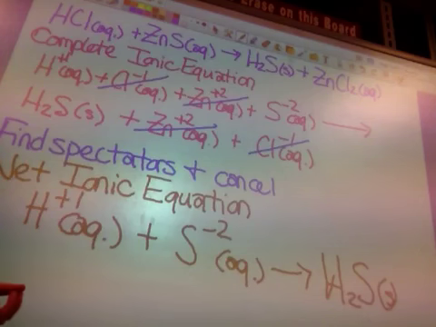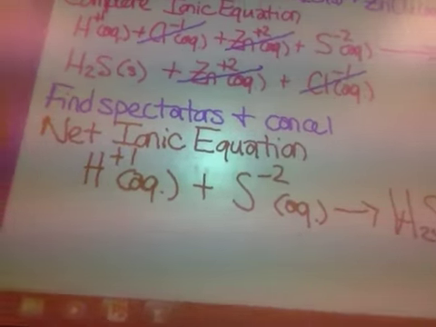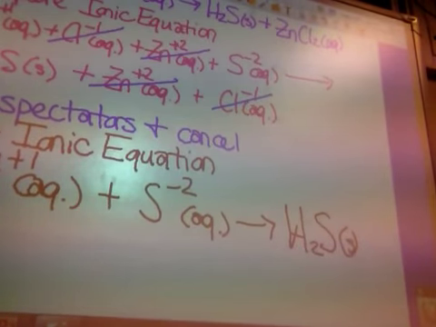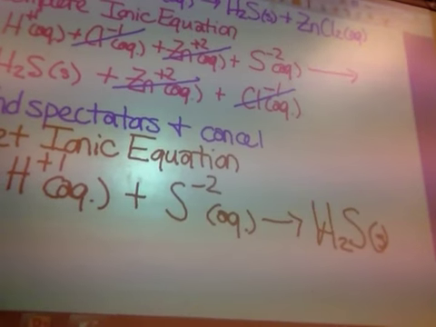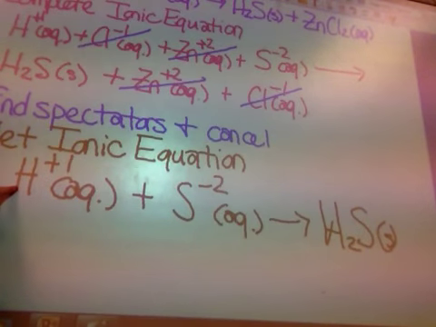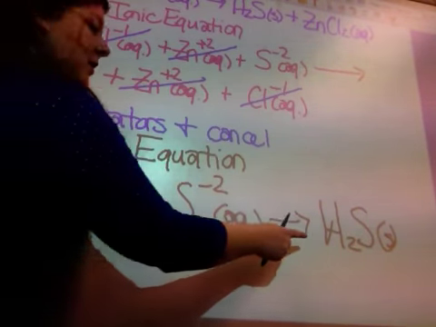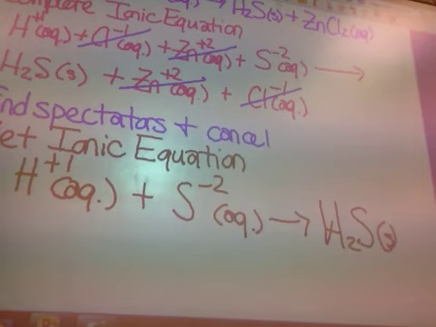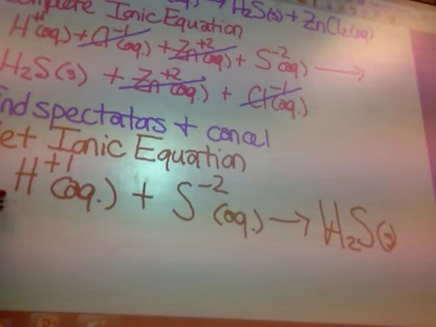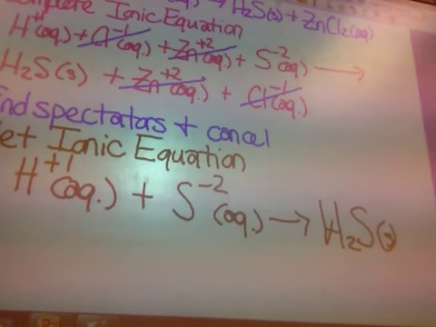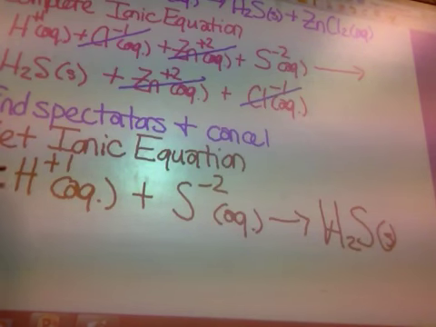Let's just look at our net ionic to make sure again that that makes sense. Hydrogen plus sulfur would make hydrogen sulfide. Okay, that makes complete sense. That is a reaction that would happen. So this is really truly the reaction that's taking place in our original reaction with hydrochloric acid and zinc 2 sulfide.